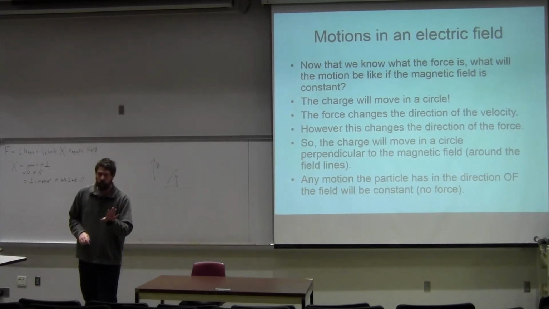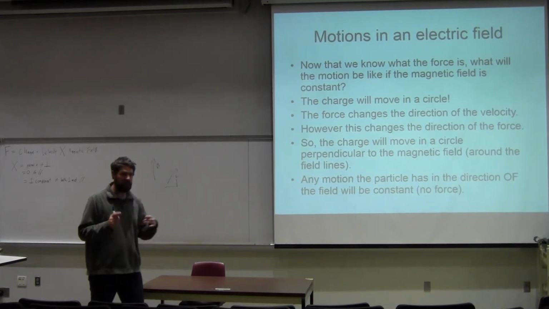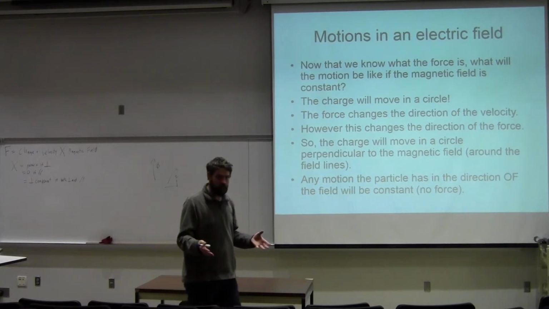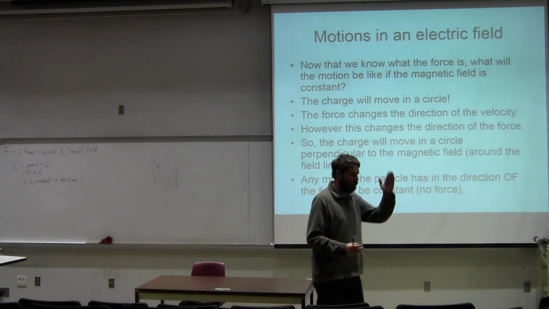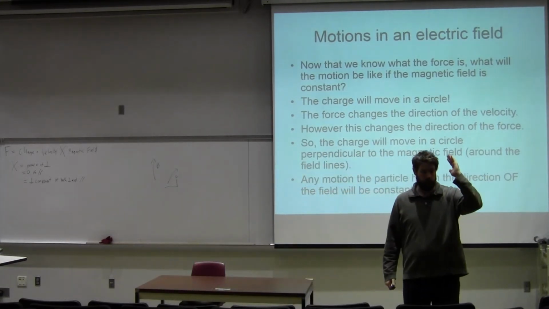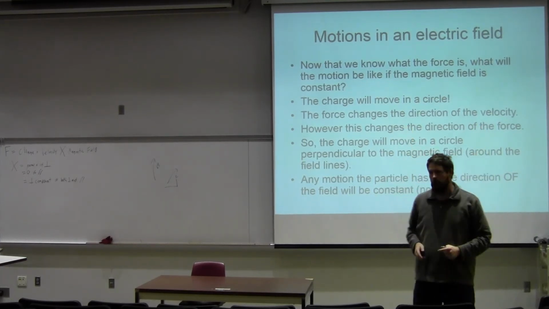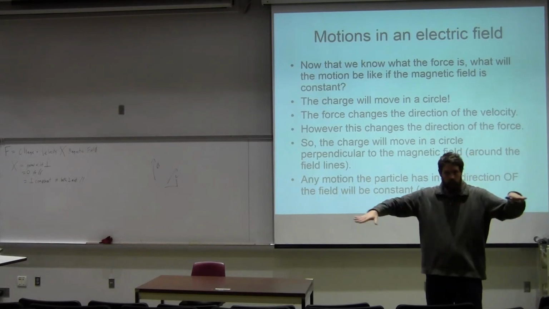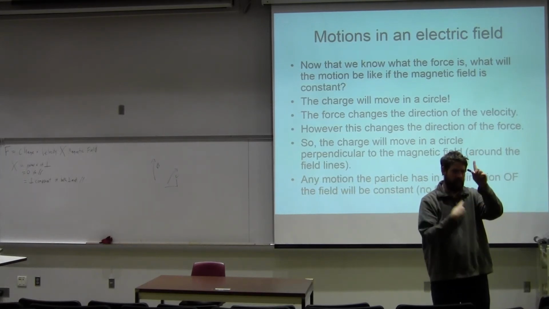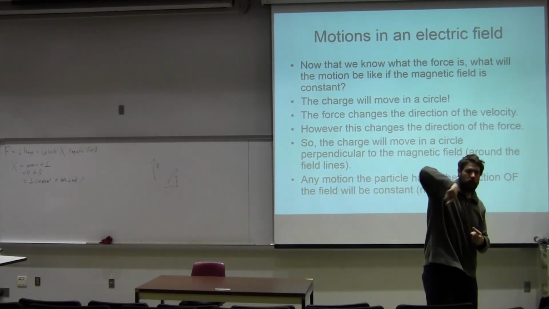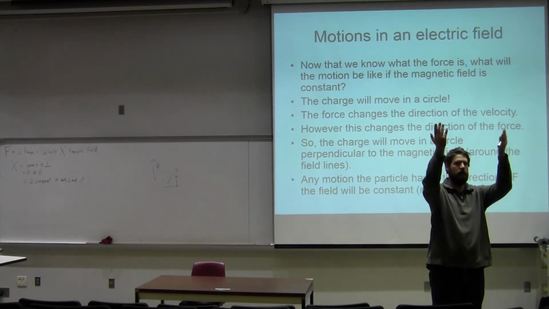This one's a little bit tougher, because you have to consider each dimension separately. The vertical dimension, in this case, since my magnetic field is vertical, is going to be constant. I mean, it's going to constantly move upwards. But in the plane, it's going to do a circle around the magnetic field line. So it's going to do a circle as it moves upwards at a constant velocity.